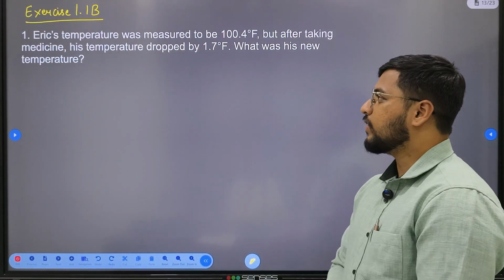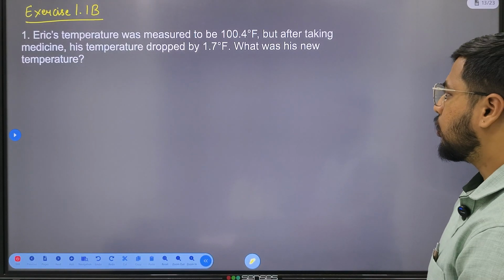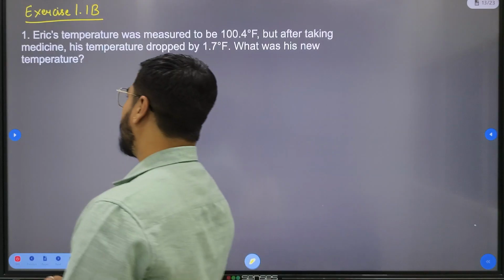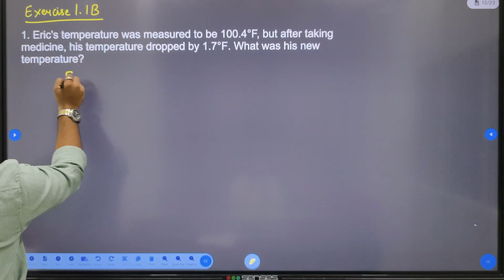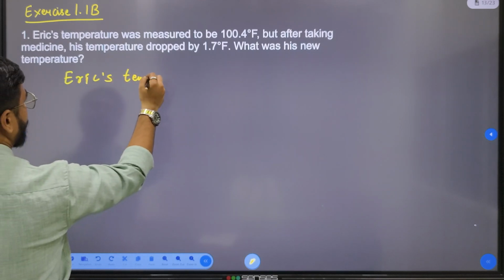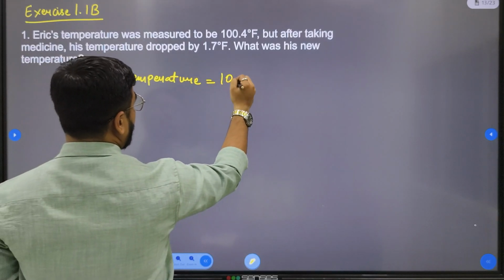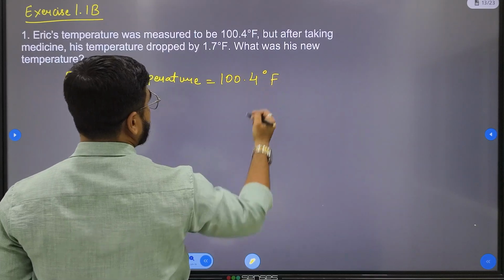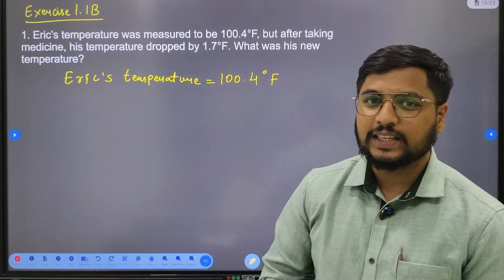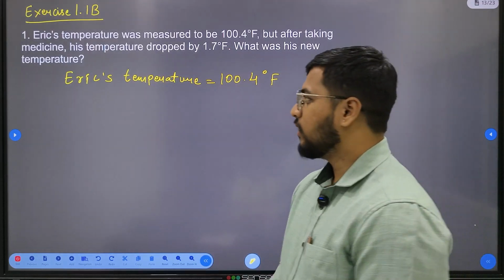Let's continue with the first question, that is Eric's temperature was measured to be 100.4 degree Fahrenheit. So Eric's temperature, let's write it down. Eric's temperature (100.4 degree Fahrenheit). But after taking the medicine, his temperature dropped by 1.7 degree Fahrenheit.